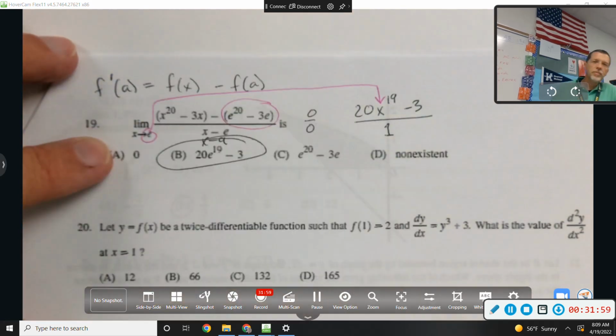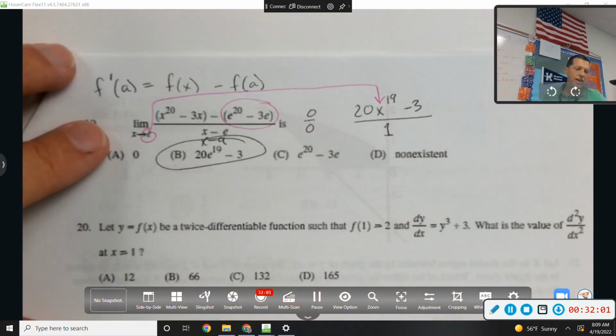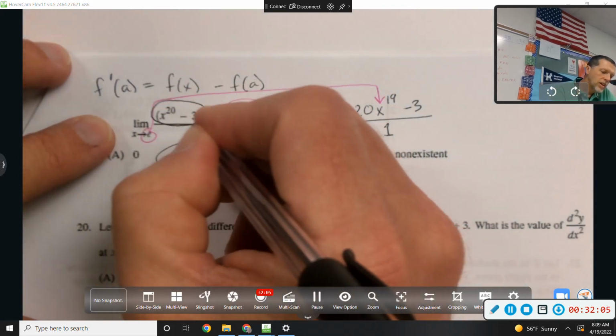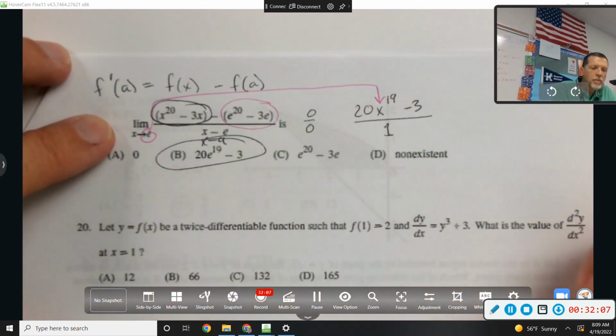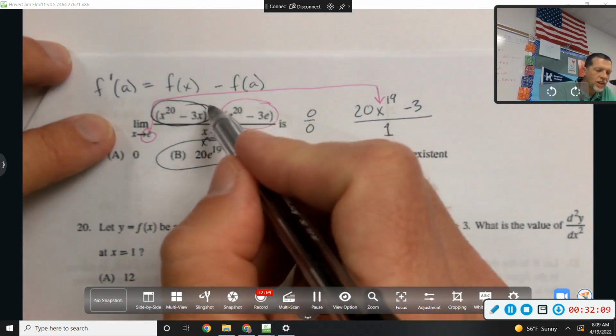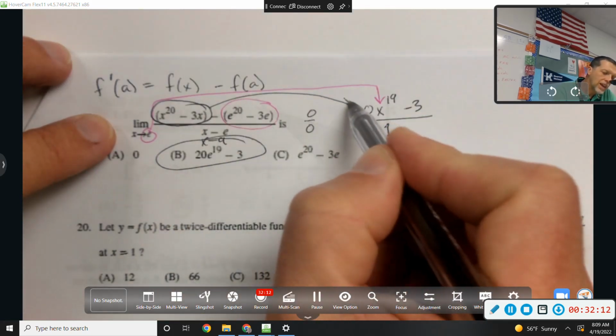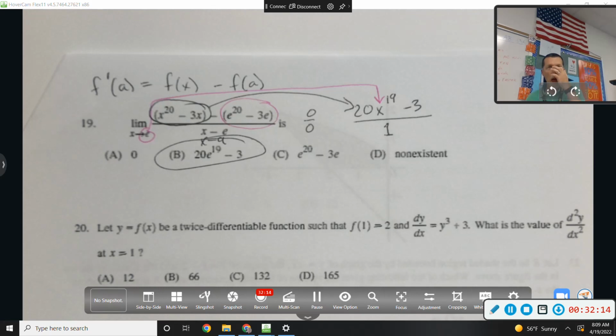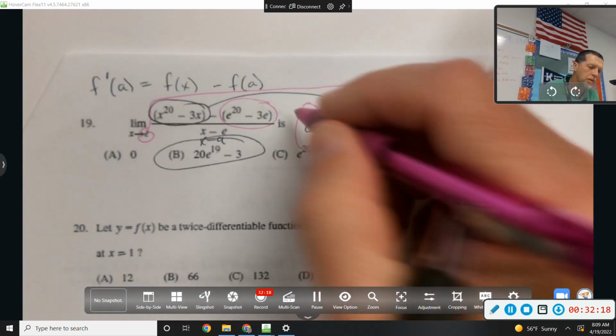You recognize that they're giving you the definition of a derivative of this function. But that's the same thing as L'Hopital. So either way, you end up taking a derivative. L'Hopital probably would have been the better way to go.